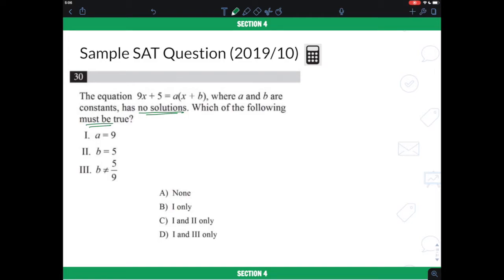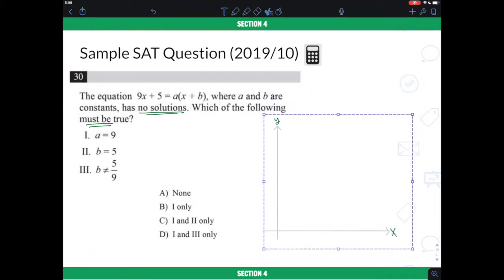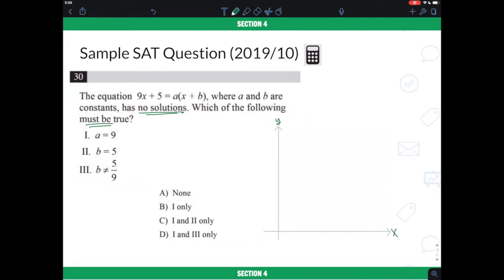Okay, so that's how we have no solution. Now, if you just focus on the algebra, the variables here, that's going to be a little bit hard. So I would like to help you understand this problem by introducing a graph. So I'm going to paste a pair of axes right here. To illustrate this, I would like to draw the graph right here.